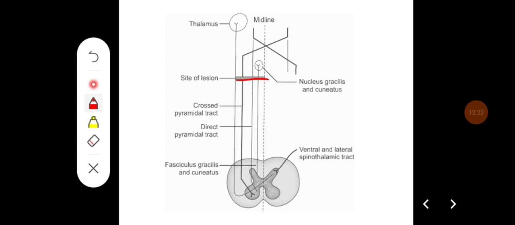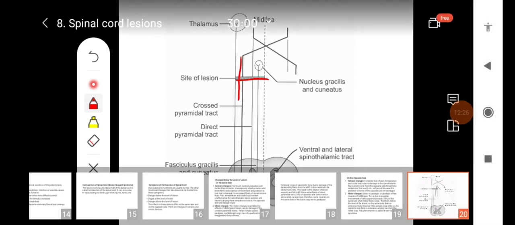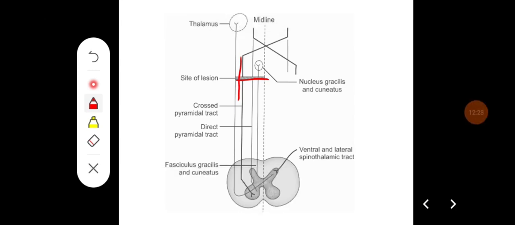And there will be lower motor neuron type of injury, so that is the motor involvement seen on the same side. On the other half, the motor neurons are unaffected, and this is called Brown-Sequard syndrome.